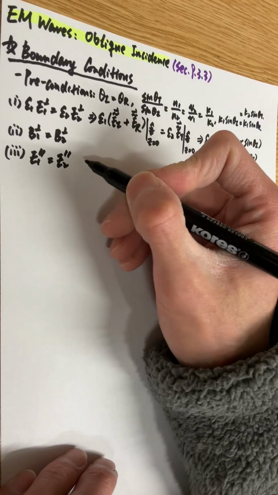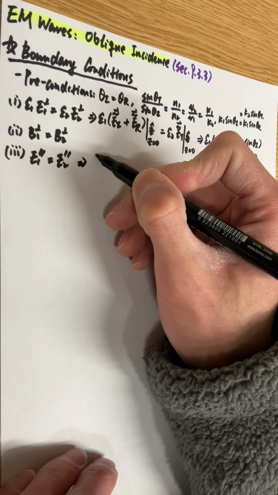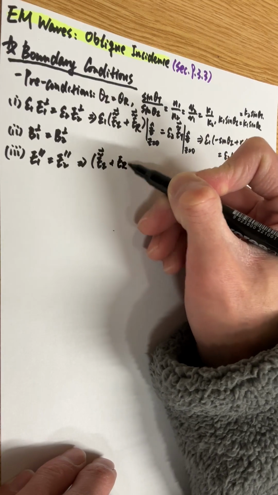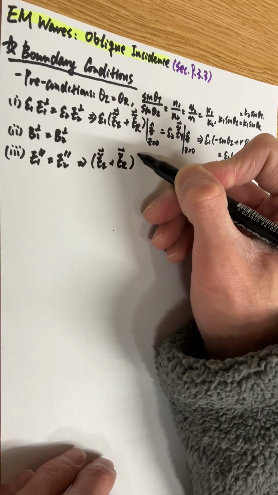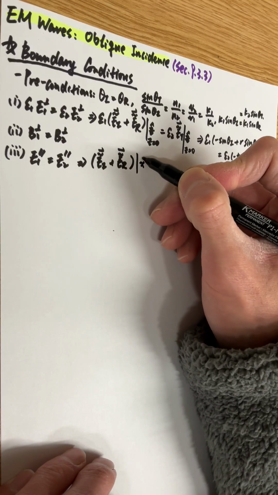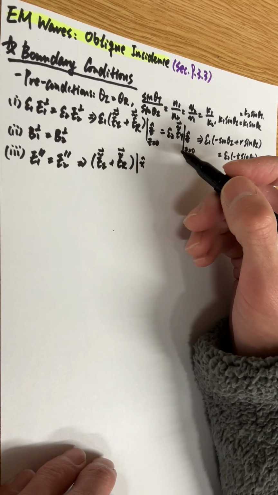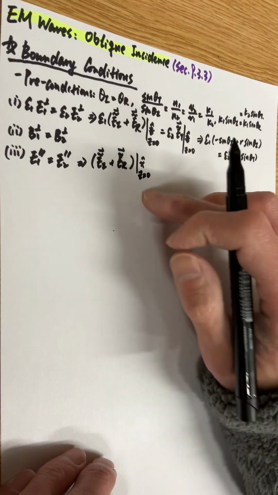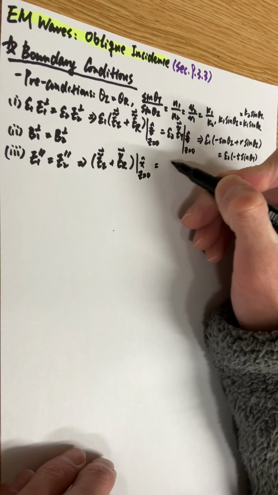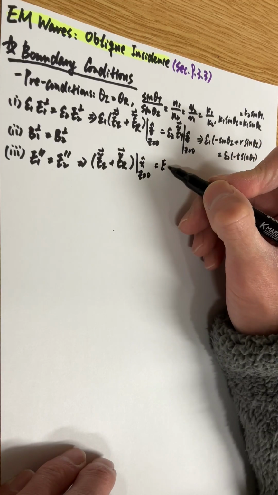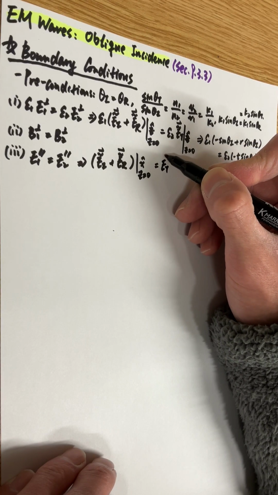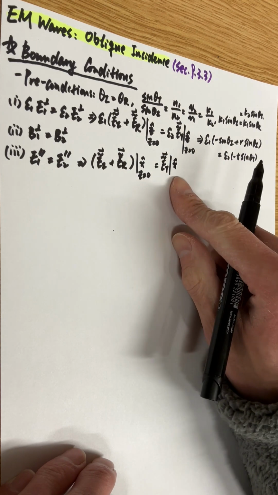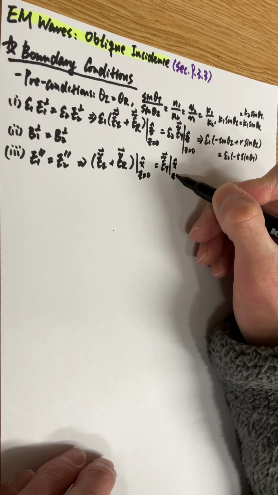So this boundary condition means we have EI plus ER on the left-hand side. Parallel component, we care about X direction for the polarization, and then variable Z equal to 0 at the boundary. This equals ET, X component for the polarization as well, and location Z equal to 0.